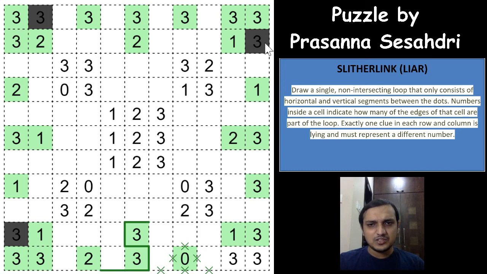Now if this is wrong, this will have to be correct and this is wrong, right? So that's a really good start of the puzzle, I would say. Excellent puzzle here.